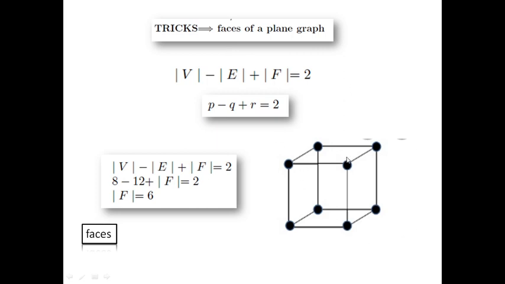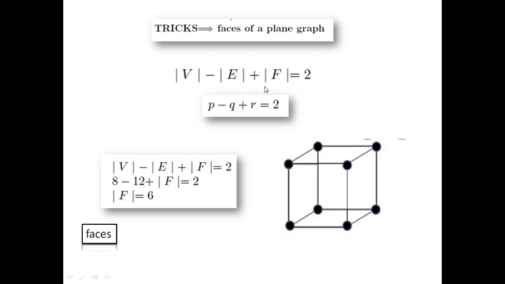Let's see in this graph, where the faces are marked F1, F2, F3, etc. Just substitute here itself. The number of vertices here is 8, minus the total number of edges in this graph, which is 12, plus F, the number of faces, is the question mark. So modulus of F is equal to 2, and by solving you will get 6. So it is very easy to find the faces in a planar graph.